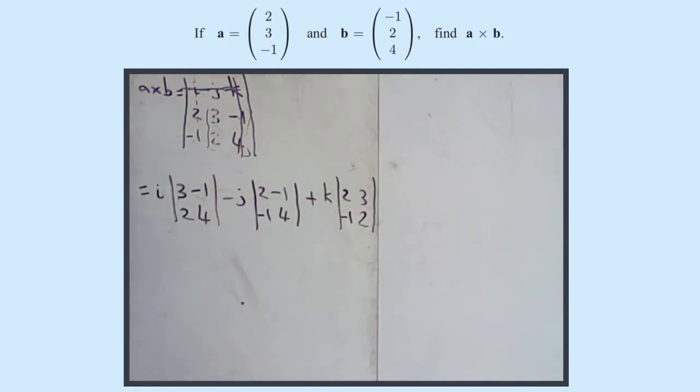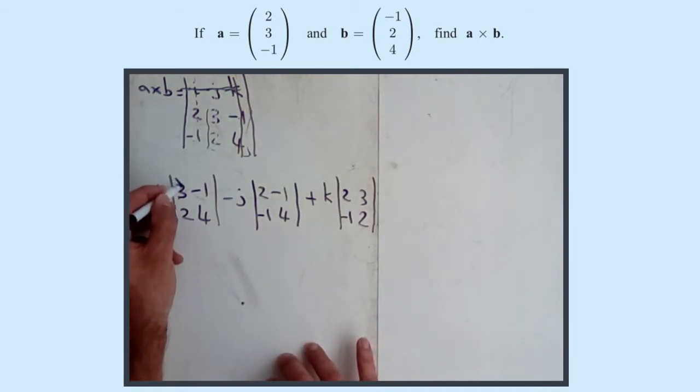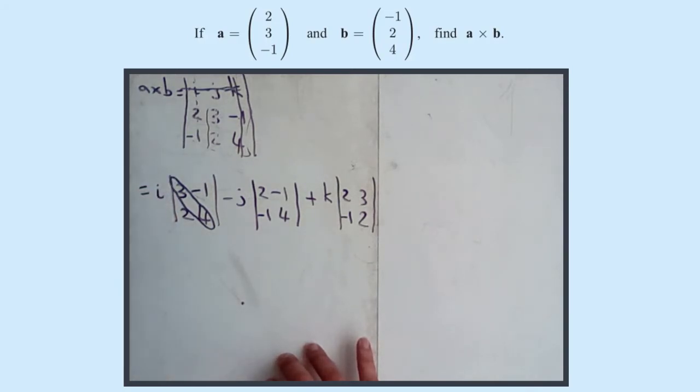Now, the way to work out these determinants is always the first diagonal multiplied together, and then minus the other diagonal.